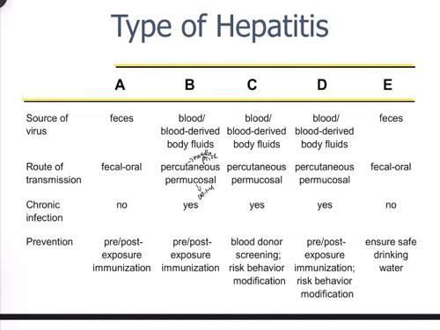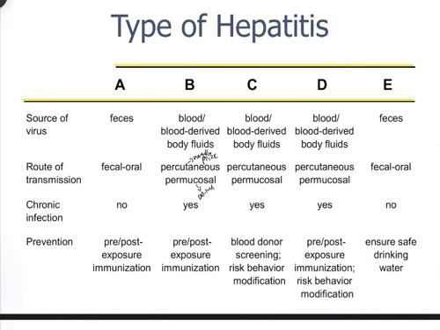Then, no? How this can also cause chronic infection, the prevention, donor screening, blood donor screening, of course, risk behavior modification, be monogamous. Okay? So, same sila halos ni HEPA B. Then, HEPA C. So, your HEPA C doesn't have immunization yet. Okay? Kaya, ingat with regards to HEPA C.